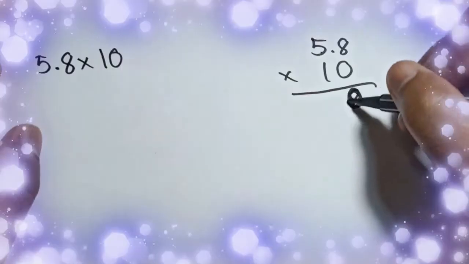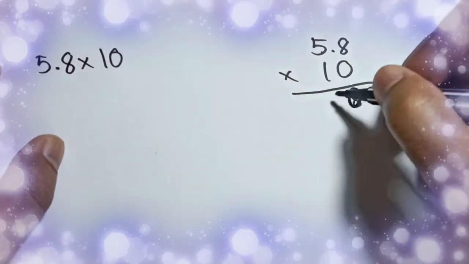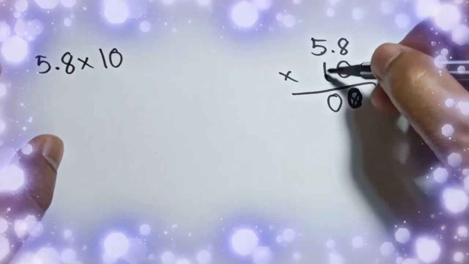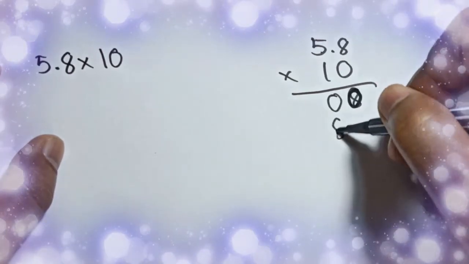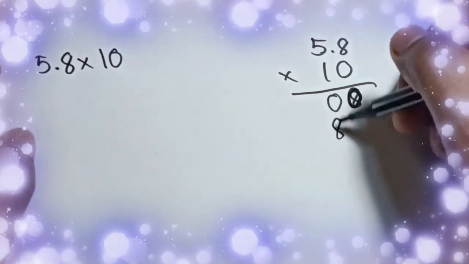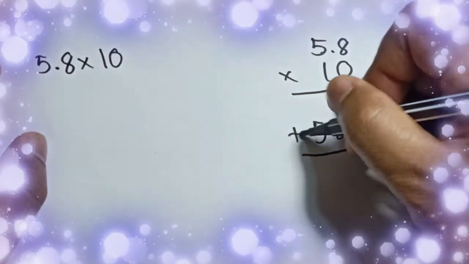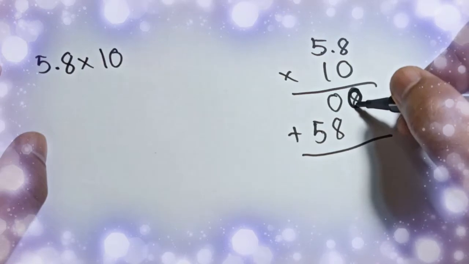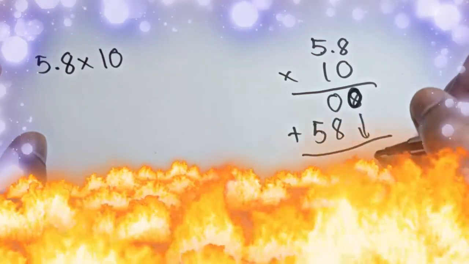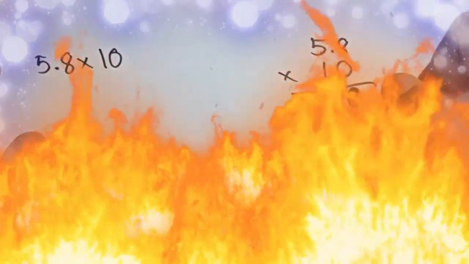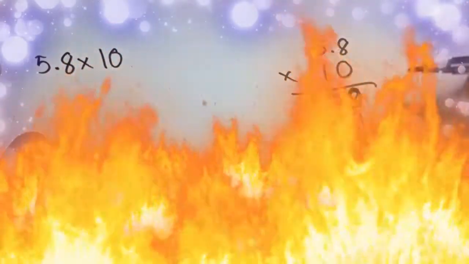0 times 8 is 0, then 0 times 5 is 0, then 1 times 8 is 8, so we put it here in the second digit, and then 1 times 5 is 5, then we add them. So 0, then 8, then 5.